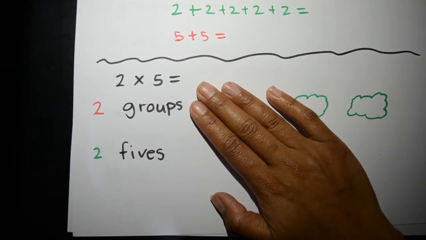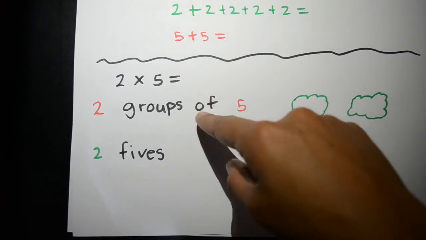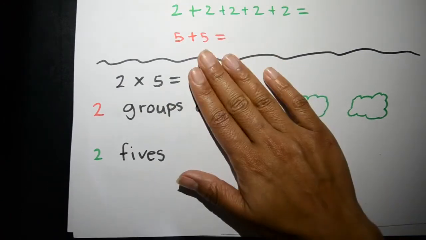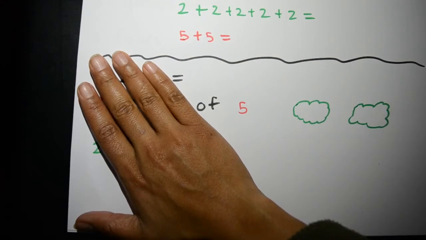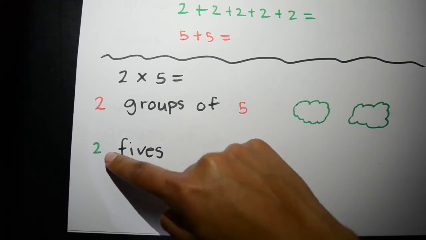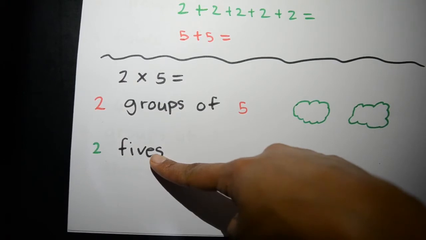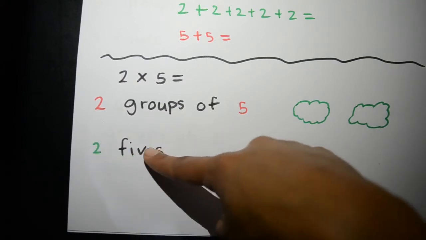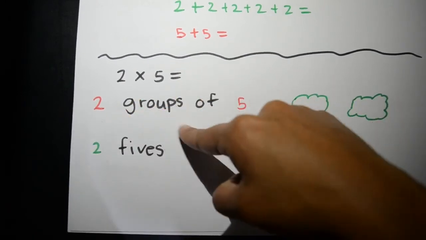And of 5 just means inside the group there are 5. So there's 2 groups, and of 5 just means there are 5. And then 2 5's means I'm showing you the 2, and how many 5's are there? Sorry, there's 2's, and how many 2's are there? There's 5 2's, 2 5's. Okay, so going back to 2 groups of 5's.